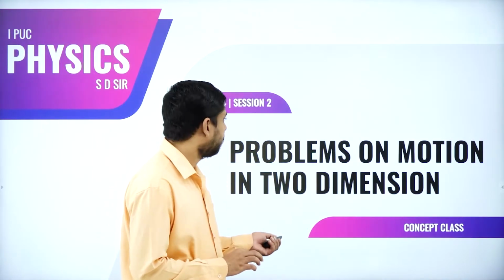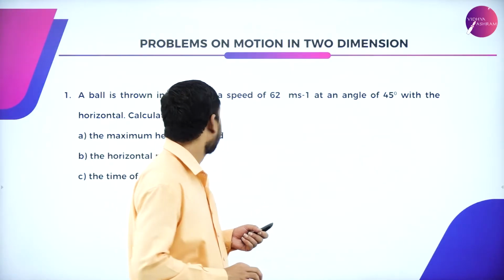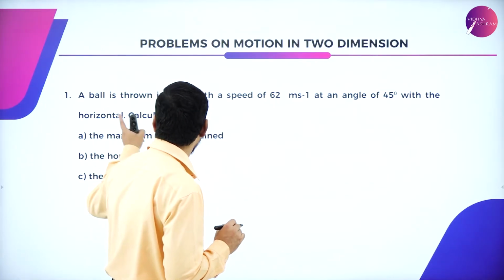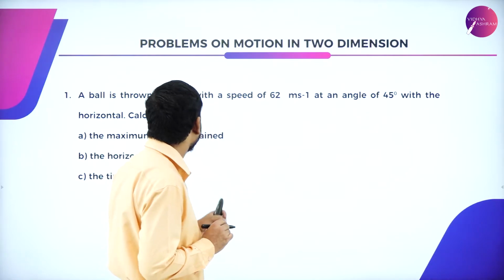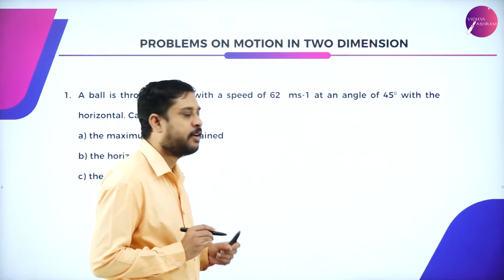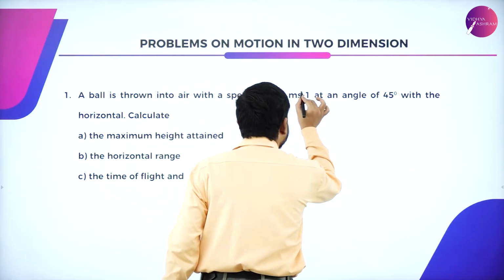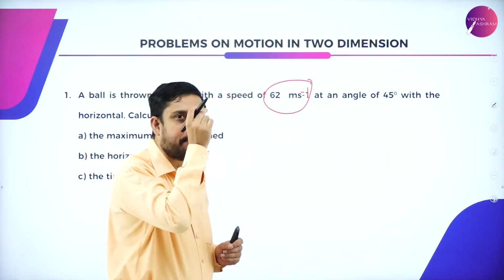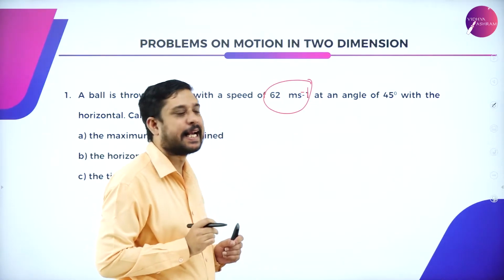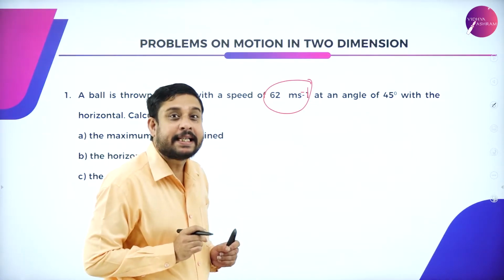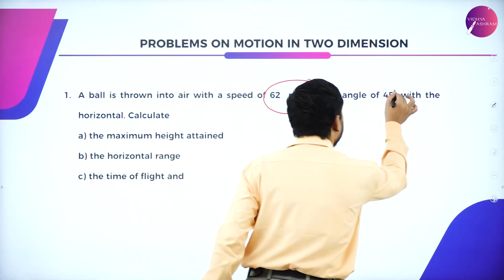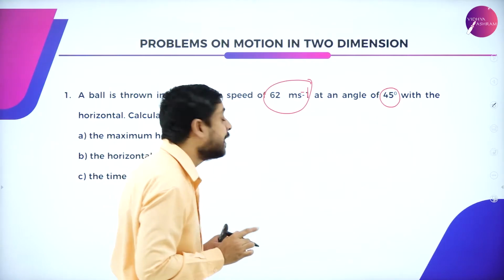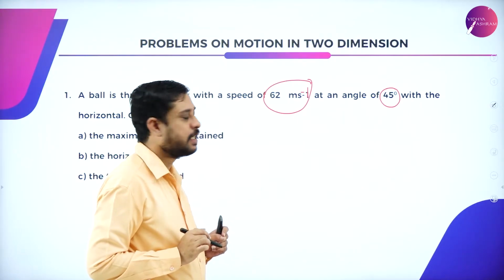The first one, the problem says, a ball is thrown into air with a speed of 62 meters per second at an angle of 45 degrees with the horizontal.